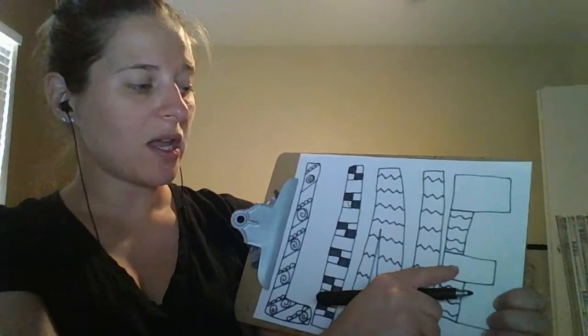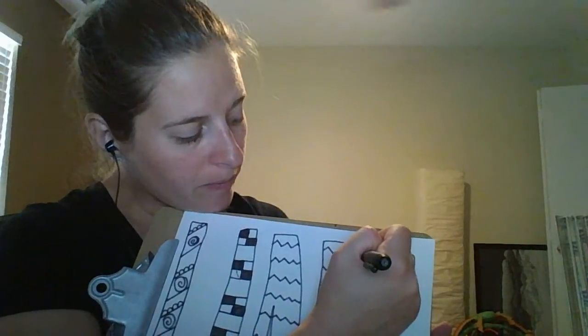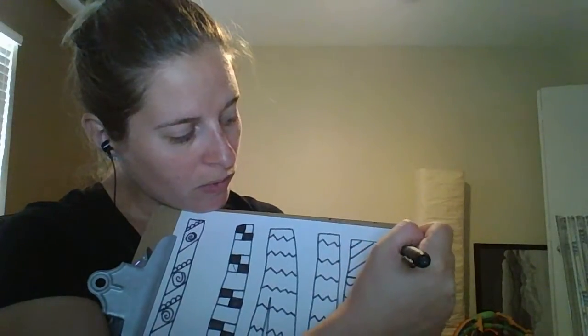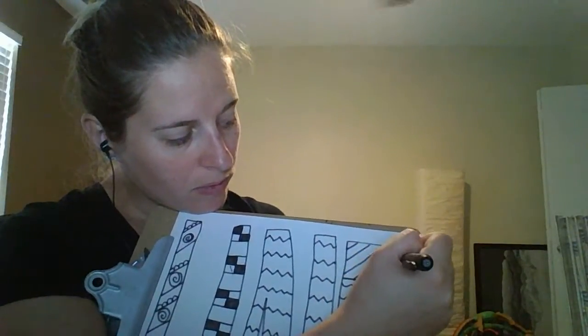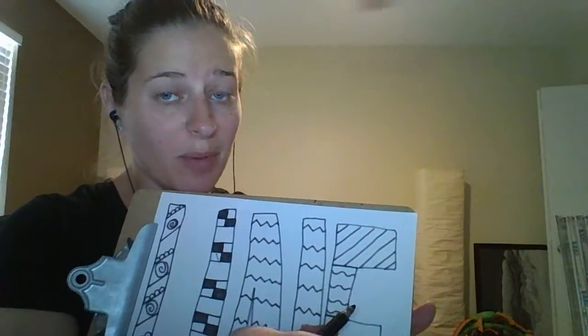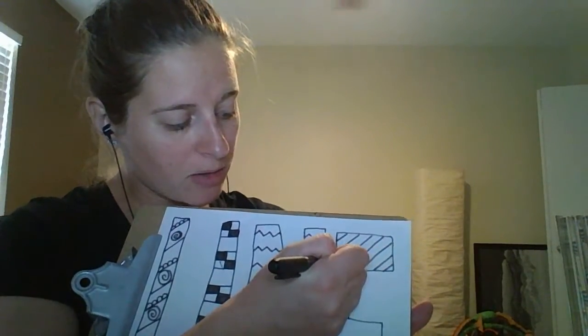Okay, maybe in these boxes here, I want to do diagonal lines. But I also want them to be perpendicular, so I want them to cross.